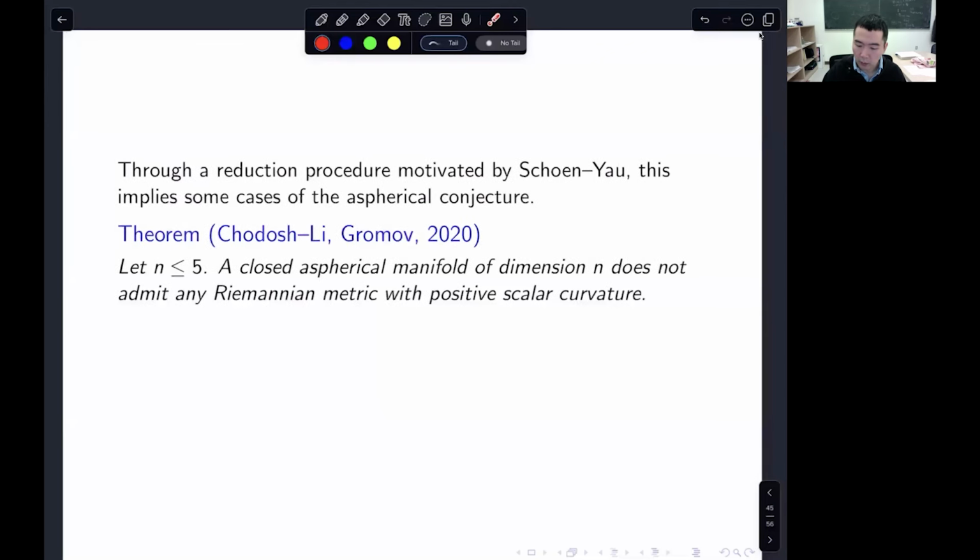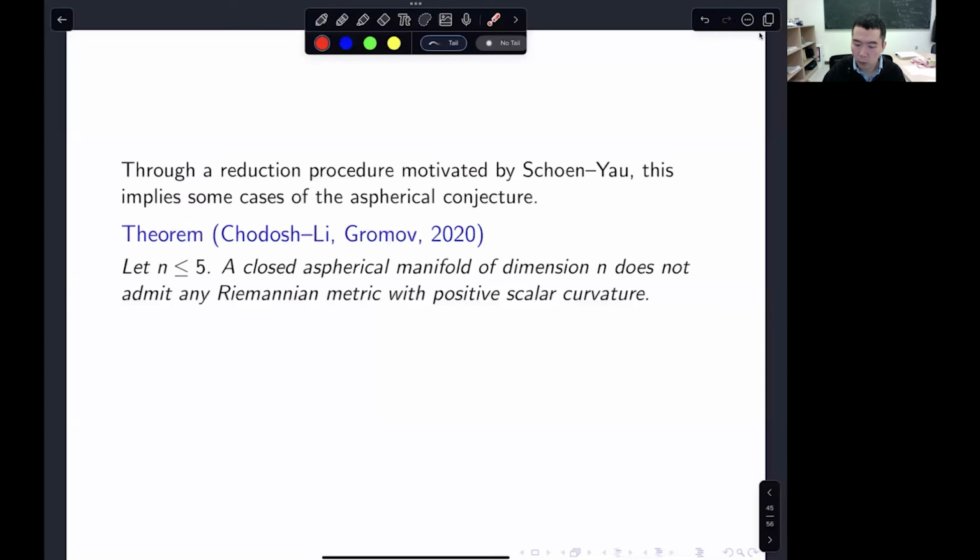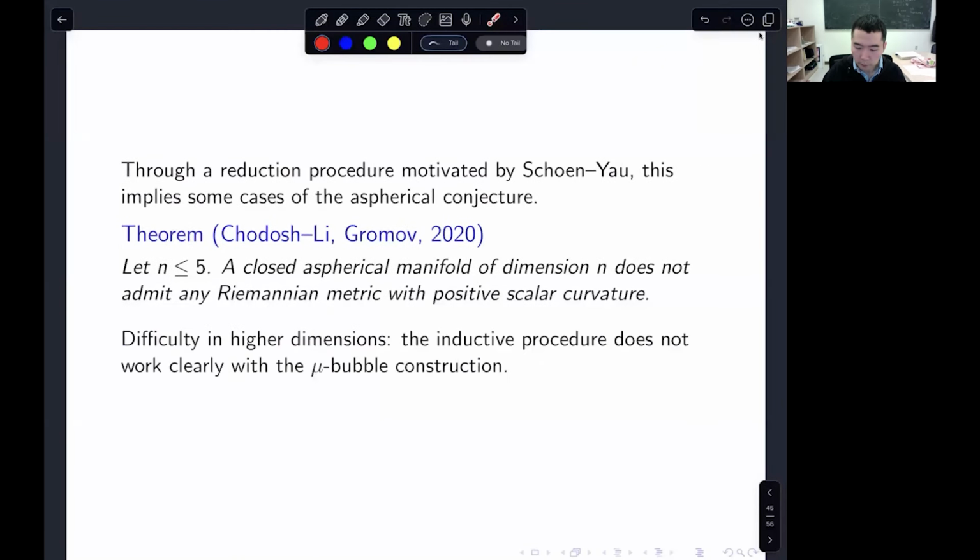This relies extremely on the flexibility of mu-bubbles. One difficulty of this theorem is precisely that you cannot expect to find stable minimal hypersurfaces in general manifolds. But it also has its drawback, maybe. Compared to the classical descent argument, the mu-bubble is flexible to detect, let's say, large portions of manifolds with long distance.